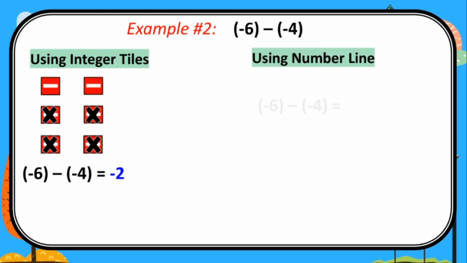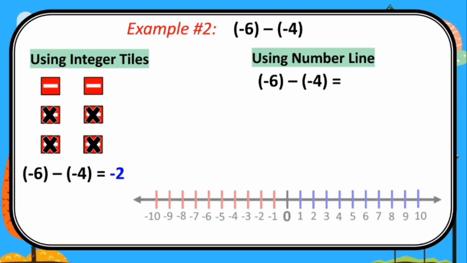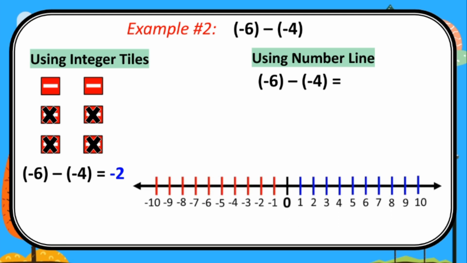Using number line, same given tayo, negative 6 minus negative 4 equals blank. Ang ating minuend ay negative 6. So, ibig sabihin, go 6 units to the left. Dahil negative ang 6, kaya pakaliwa. So, mag-start tayo sa 0, pakaliwa.